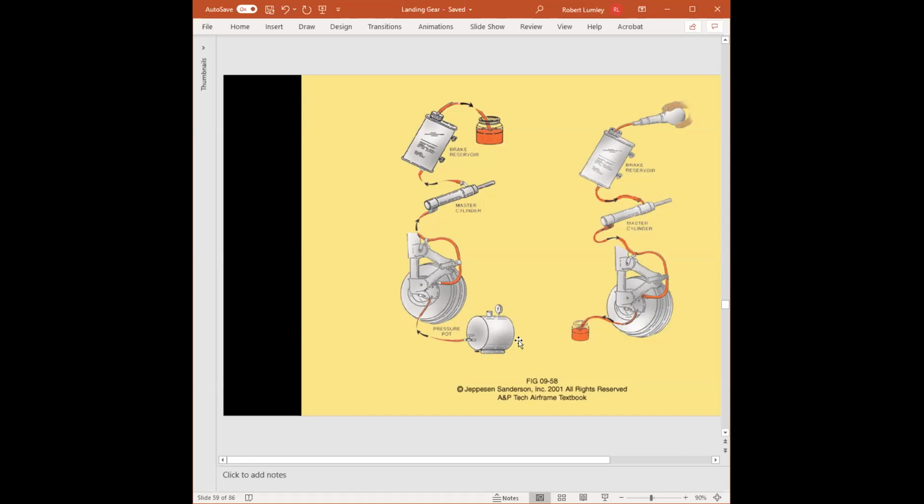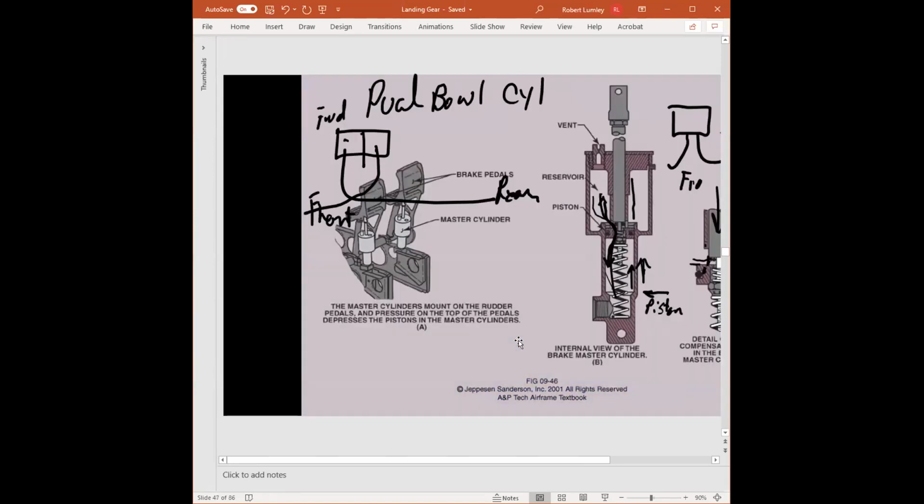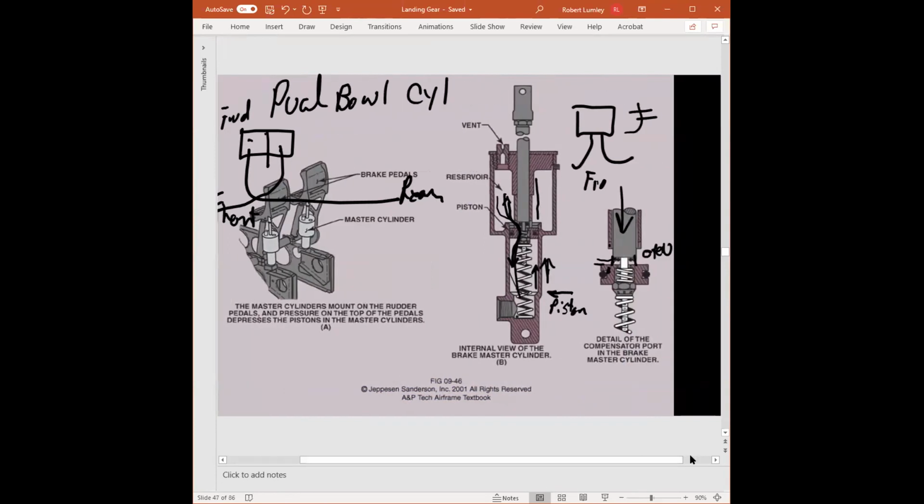Okay, I like that answer, but here's the thing. If the master cylinder, for example, going back to our independent master cylinder, pretty much the only place that we're going to get an internal leak is through this O-ring. And if that happens, we're going to get what's called a creeping brake.